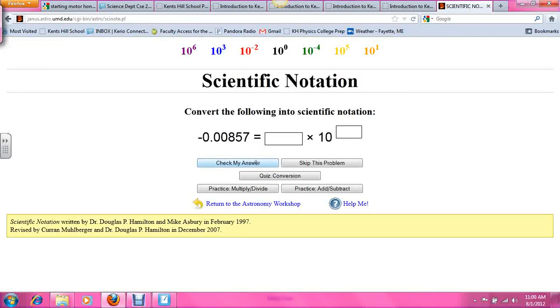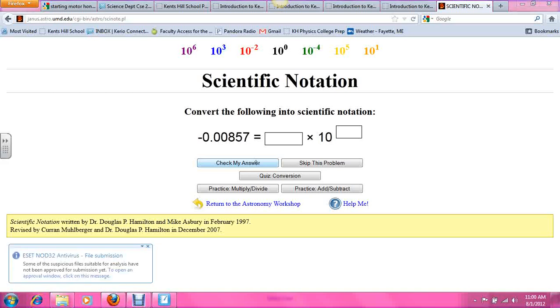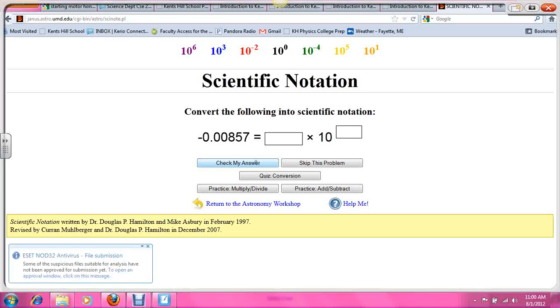Okay. So the first number we're given is negative 0.00857. Well, first of all, is it a really small or a really large number? It's a pretty small number, so we're going to move our decimal place to the right. 1, 2, 3.